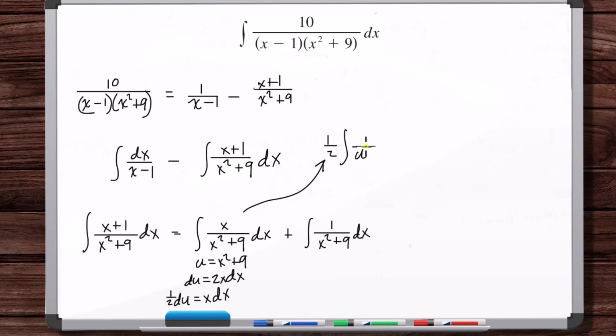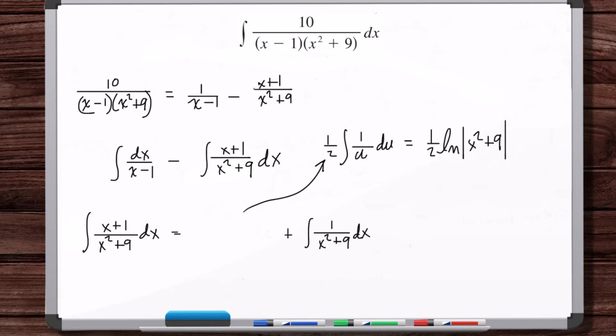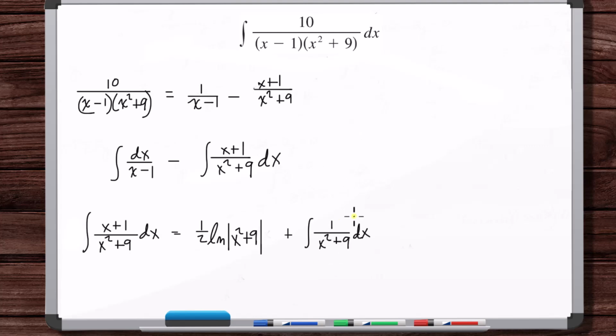u. So this is 1/2 natural log of the absolute value of u, which is, okay, so. Okay, now this, they give us a formula for this in the textbook.